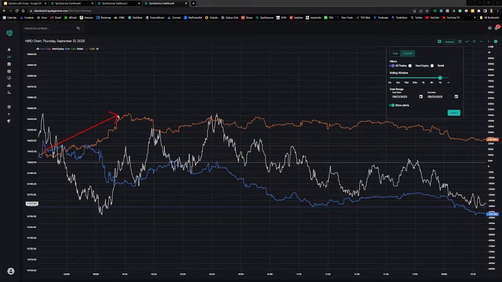So initially from the open they were buying calls. That activity leveled off. They were selling puts. That leveled off. They started buying puts again. So the call buyers took their foot off the gas and they shifted to put buyers. Again, call buyers took their foot off the gas, started buying puts.